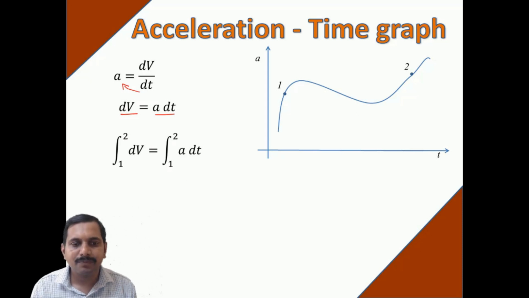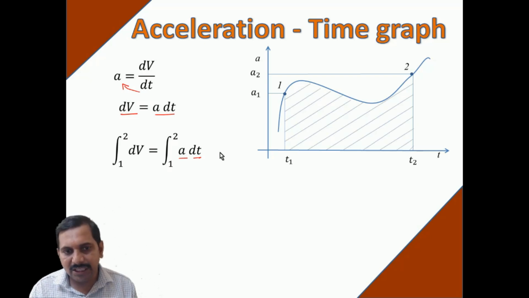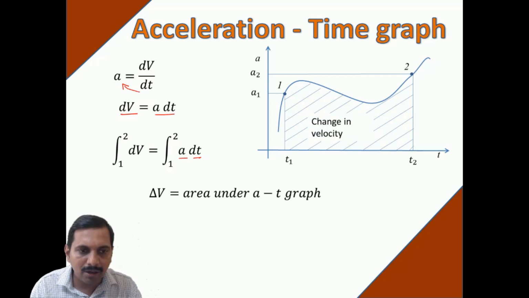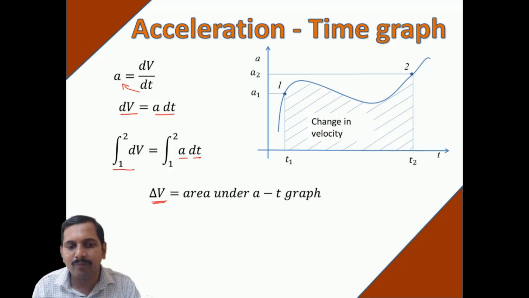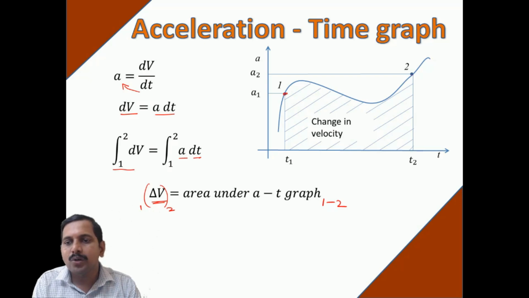Integration implies that we are finding the area under the graph of a as a function of time. So what is this here? That would be the change in velocity, because the integration of dv is delta v from 1 to 2. So delta v from 1 to 2 gives the area under the graph from point 1 to point 2.